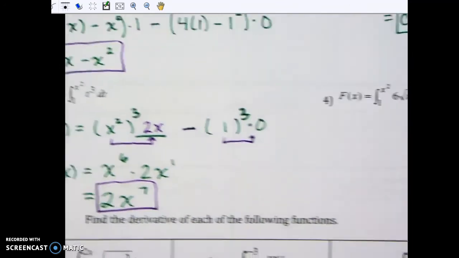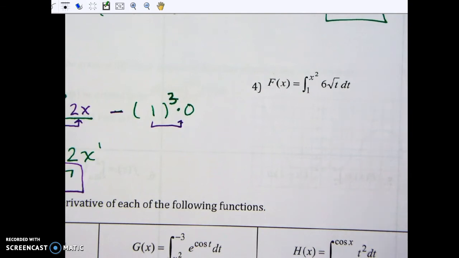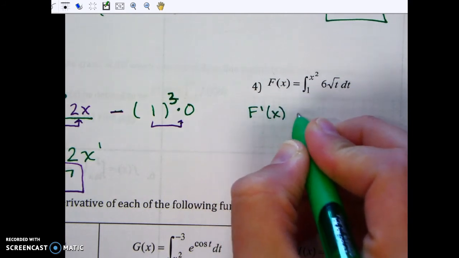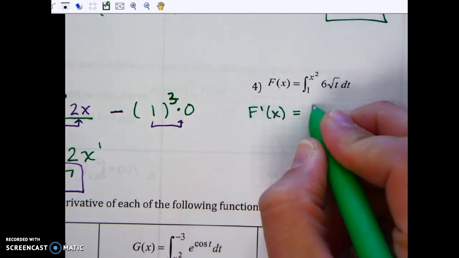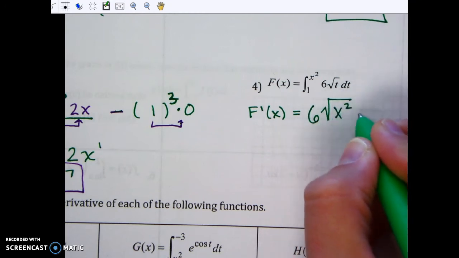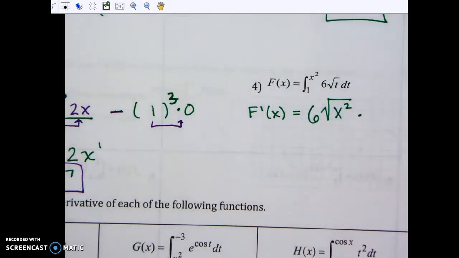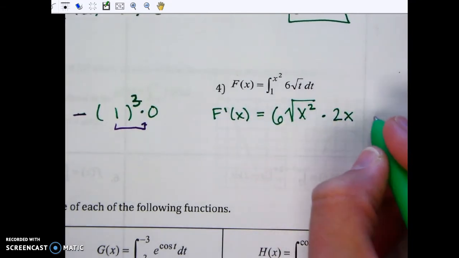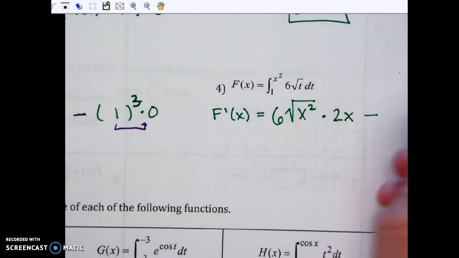All right, last example. What do we do here? We have f prime, and we leave the function alone. We replace the t with x squared. And what are we going to multiply by? The derivative of x squared, which is 2x, minus, can we do a shortcut here?